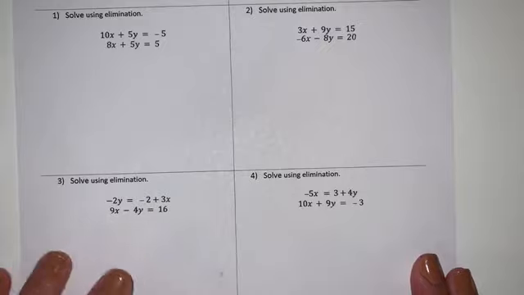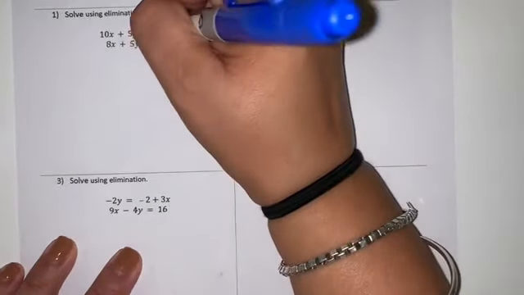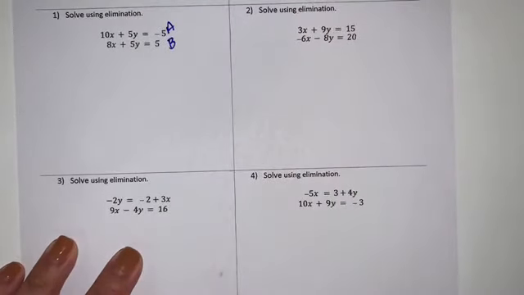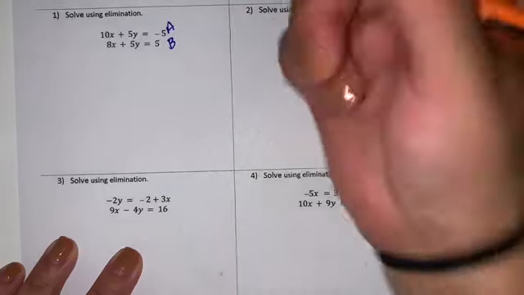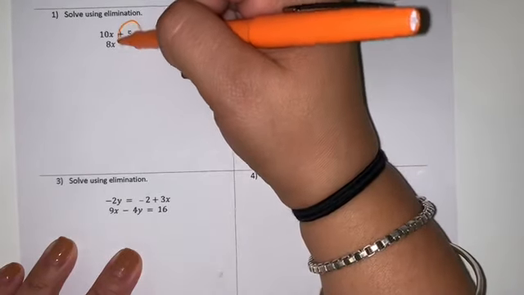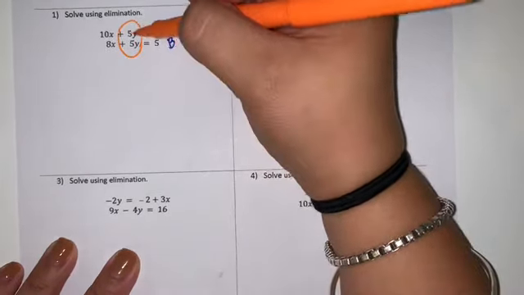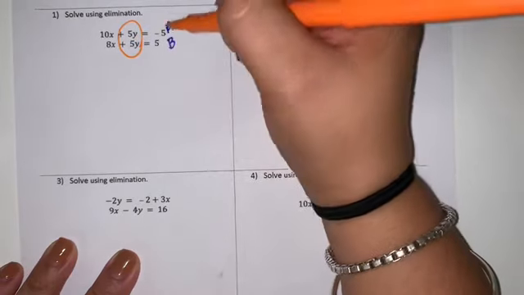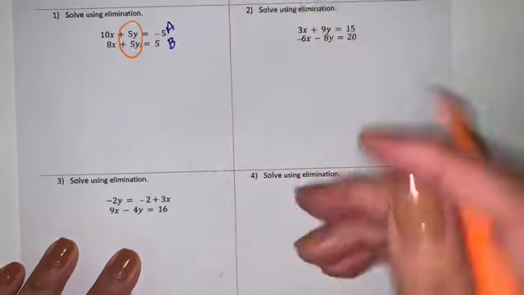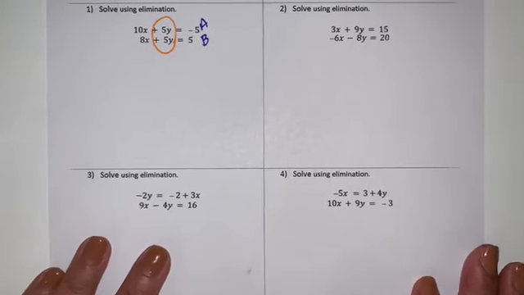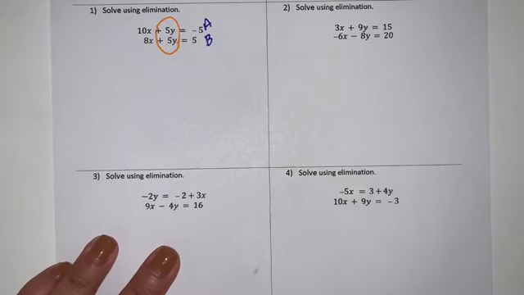Okay, solve using elimination. This is equation A, this is equation B. If I highlight what I need to eliminate, I need to have two variables that are the same or opposite. Since these are 5y and 5y, I'm going to multiply one of these by negative 1. So I'm going to make a new equation, basically. So here's what that's going to look like.